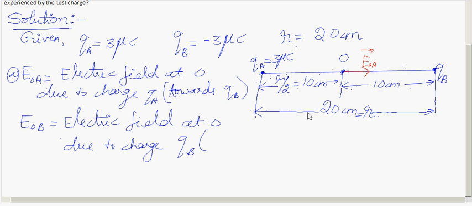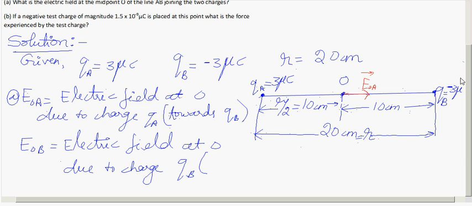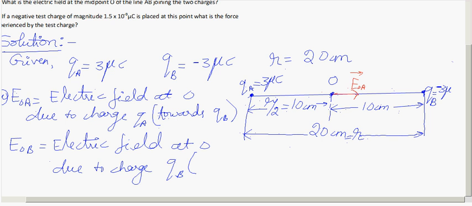Similarly at O, the magnitude of QB is given, it is minus 3 microcoulomb. So for a negative charge, again the field is going towards the negative charge. So if I want to mark EOB, then again it will be in the same direction as that of EOA.